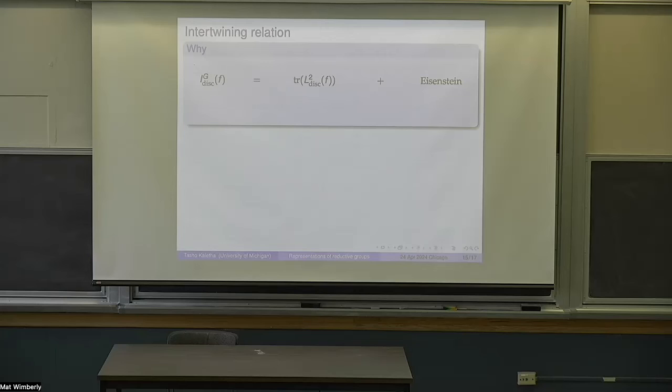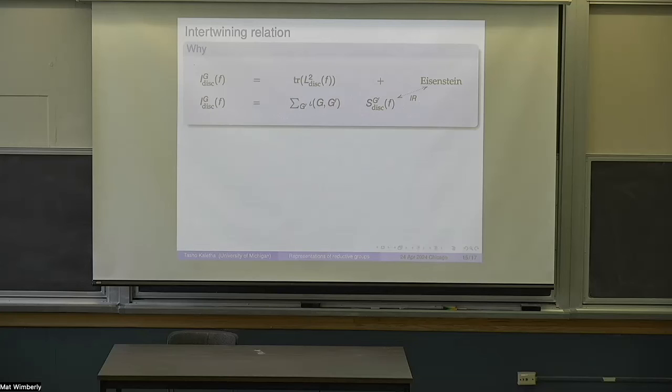And one of the main tools that Arthur uses is the so-called stabilization of the trace formula, which is writing the trace formula as a sum of so-called stabilized distributions, stabilized trace formulas over endoscopic groups. And the intertwining relation is precisely the object that relates the Eisenstein contribution that you want to peel off to the stabilized trace formula for smaller groups.